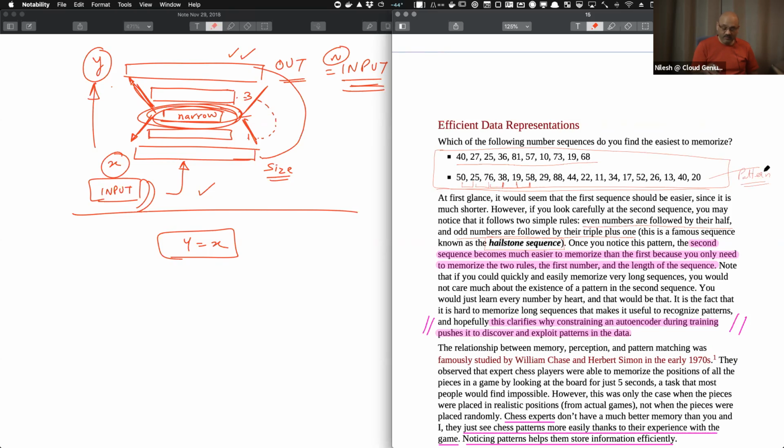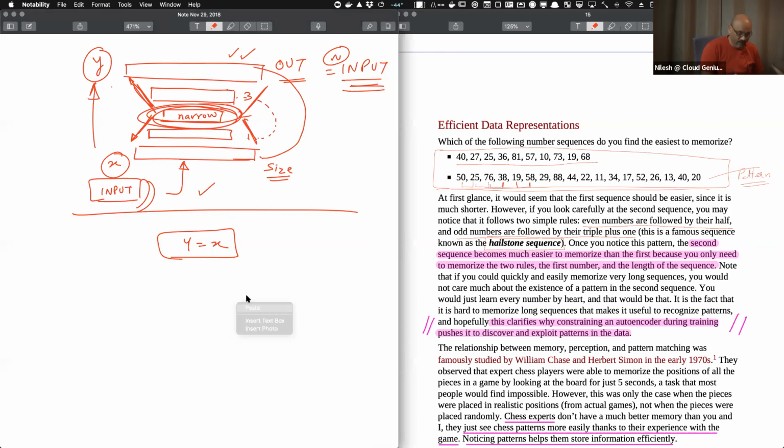If you have studied the data set and know the pattern, the only constraints you need to remember are these rules. If it is an even number, then you halve it. The next one is half of it, the next is half. That's one rule. The second rule is, if you find an odd number, you make it 3 times that number plus 1.